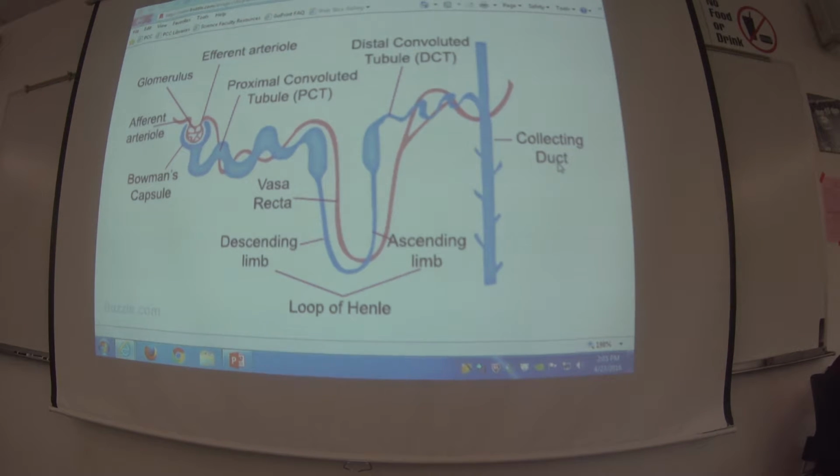I've done drawings like this a couple times this whole year, where I'm drawing a capillary bed. It's my great artistic skill, drawing a complicated capillary bed. You've got blood flowing through this capillary bed. These are red blood cells. We talked about this last when we talked about the lymphatic system.